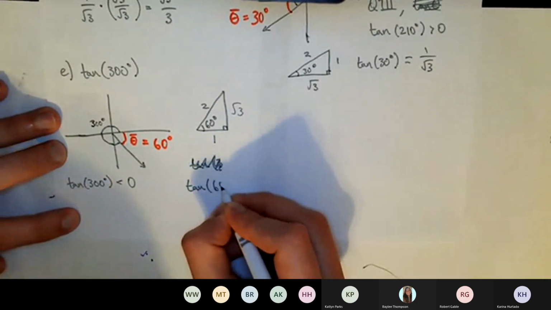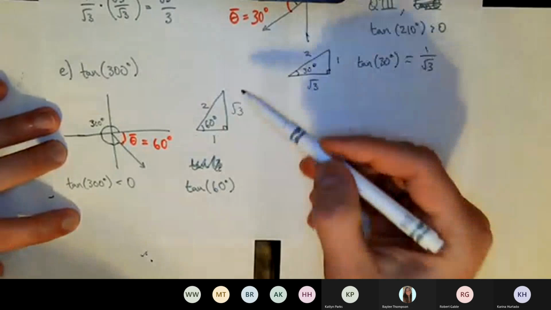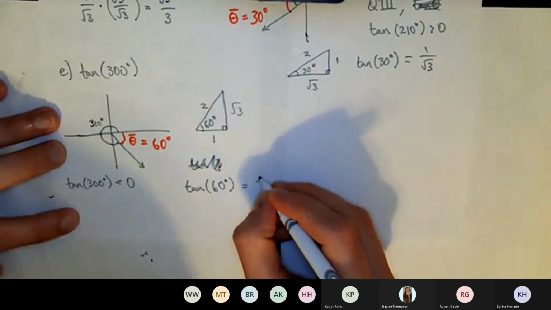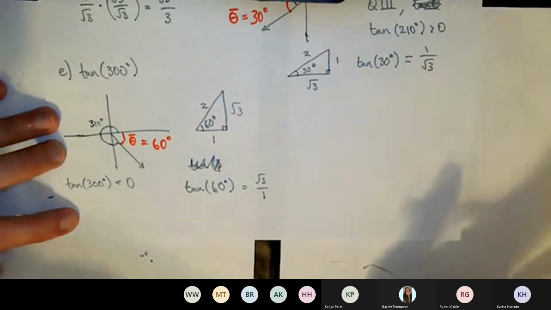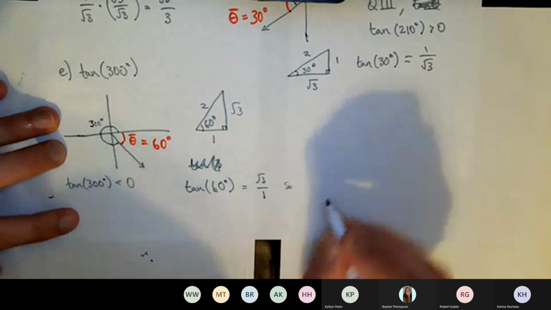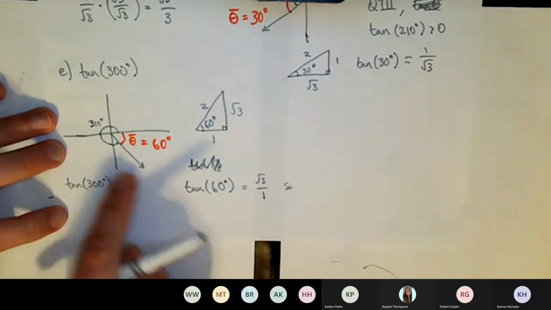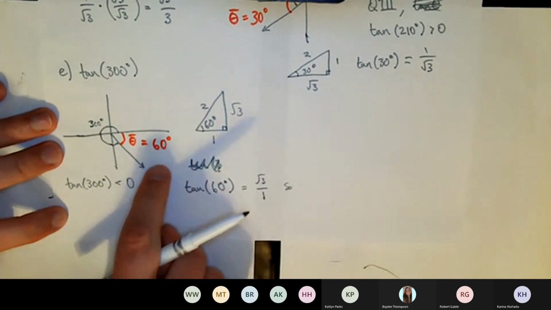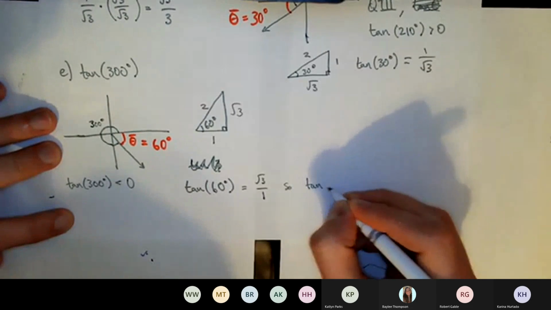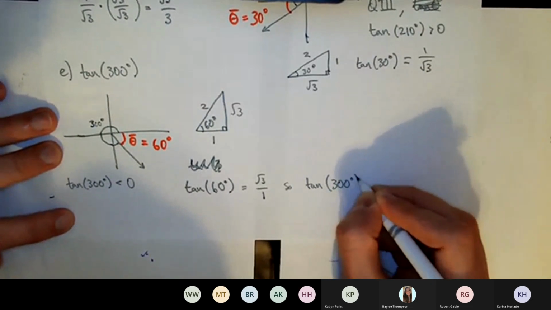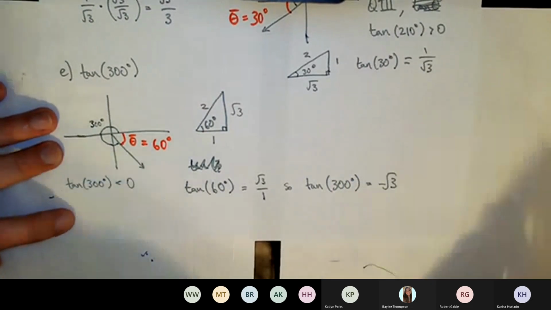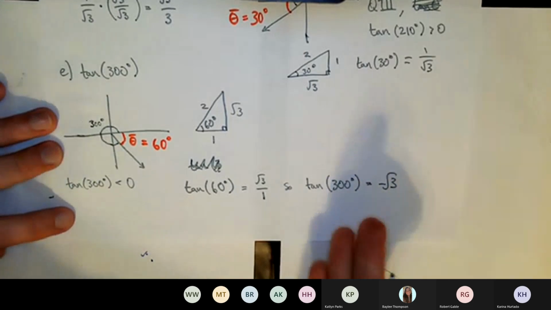Tangent of 60 degrees from this reference triangle is opposite over adjacent, square root of 3 over 1, which is just square root of 3, right? So this, together with knowing that tangent should be negative in this quadrant, tangent of 300 degrees should be negative square root of 3 over 1. So just negative square root of 3.